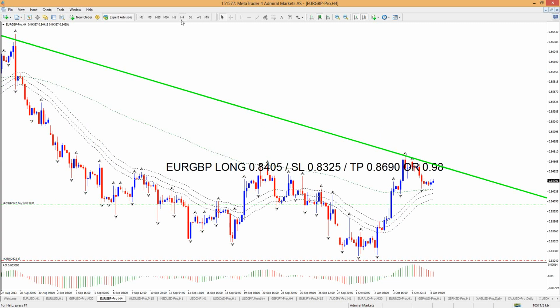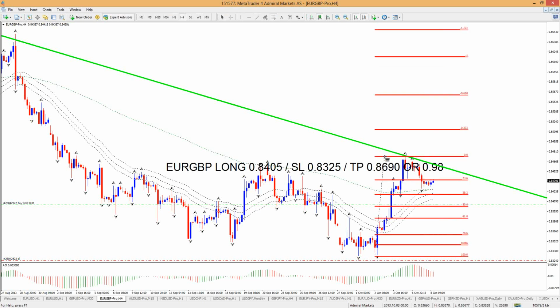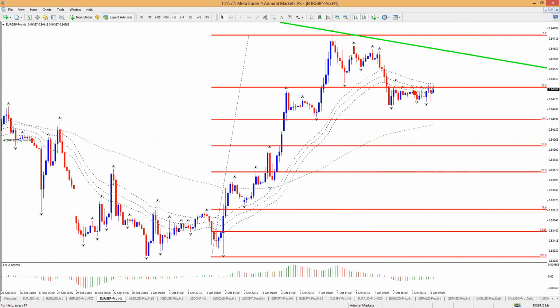Well, there's a question why we wouldn't sell it to the 50 fib. And that has everything to do with reward to risk expectations. First of all, if I buy it here, the reward potential is a lot bigger. If I sell it right in here, my potential is limited, first of all, and the risk is even bigger. That's not good.